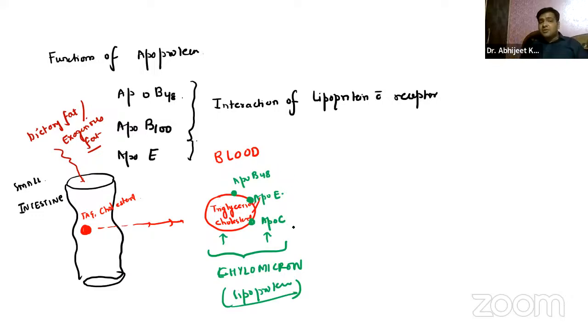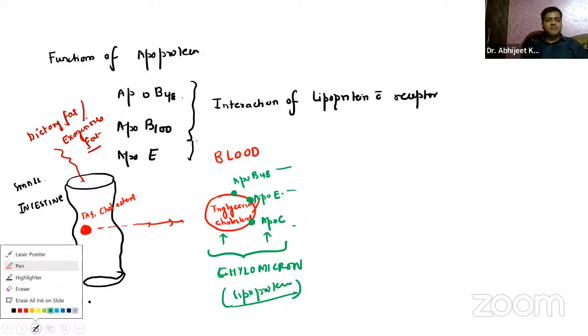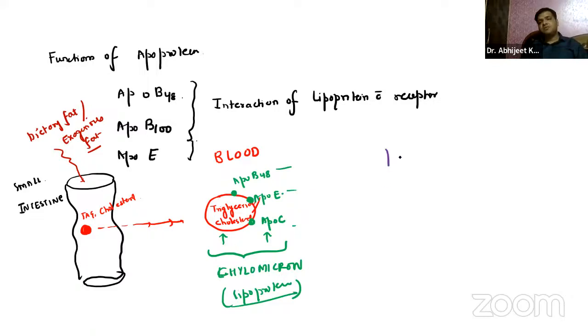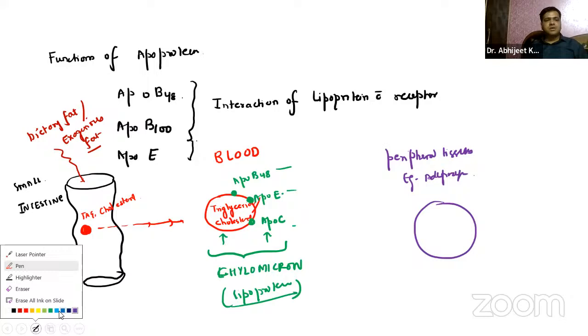Now, what is the function of these proteins? Obviously, they make it soluble or transportable in the blood. These proteins have a unique feature of identifying the peripheral tissues, I'm talking about the adipocytes. These adipocytes have a receptor present over here.